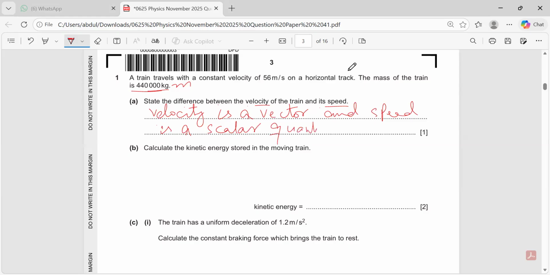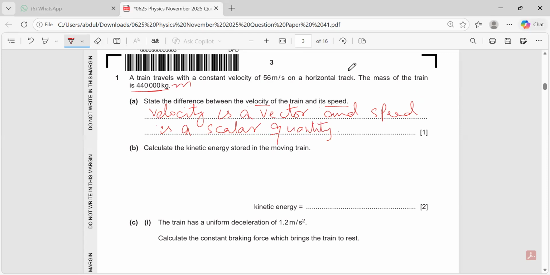For one mark, that is more than enough. Even you can say that velocity of the train is 56 meters per second in a particular direction, whereas speed of the train is simply 56 meters per second. Even that one will also work.